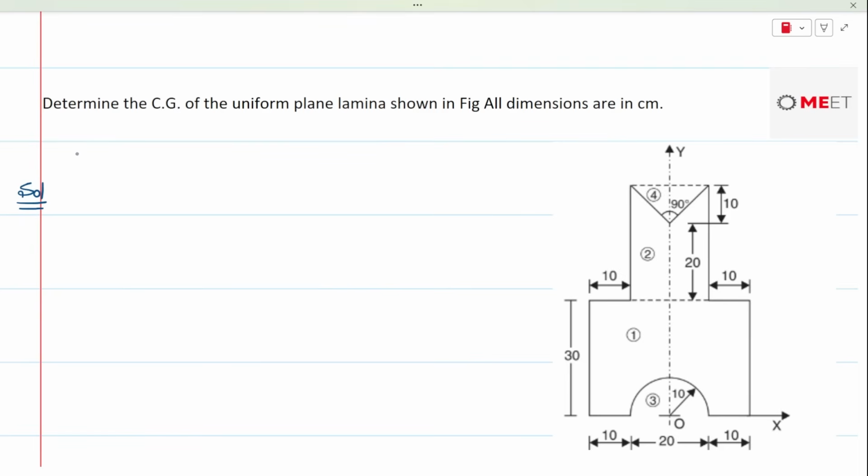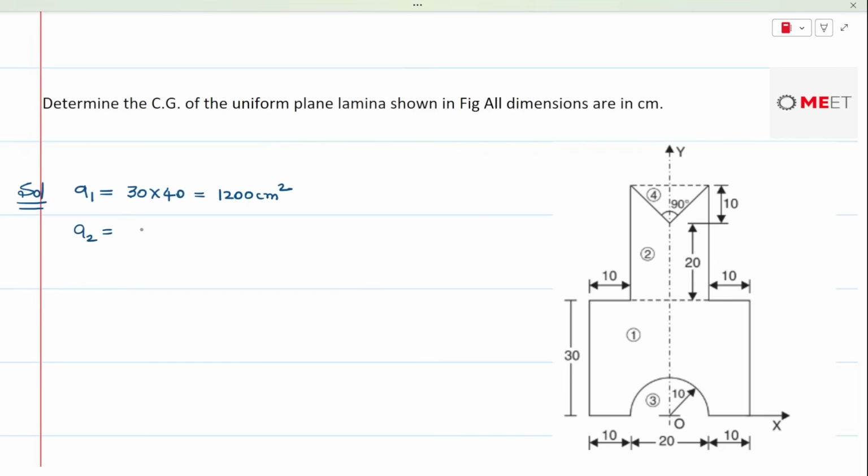So let's first compute the areas. A1 will be equal to 30, which is the height, and the base is 40. 30 into 40 is equal to 1200 centimeters square.